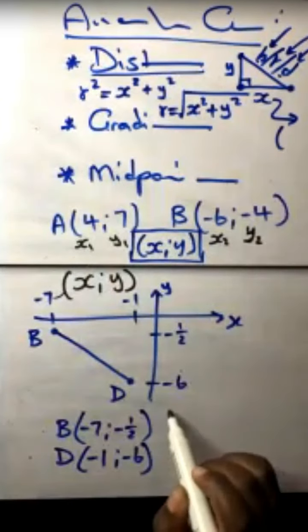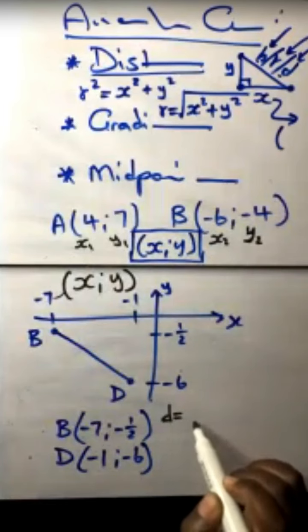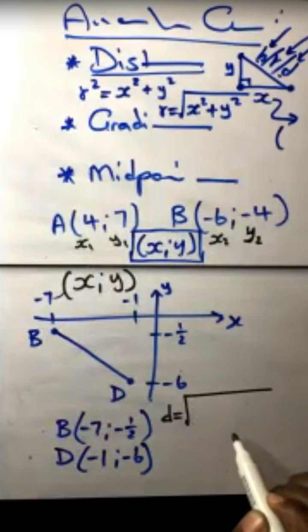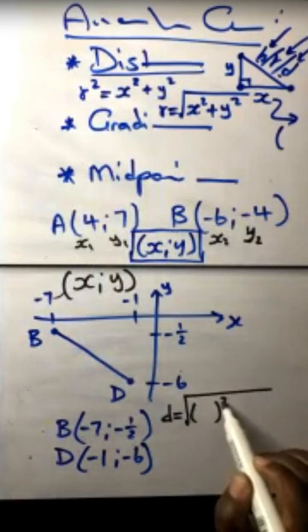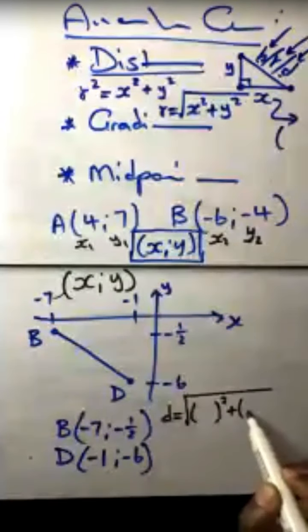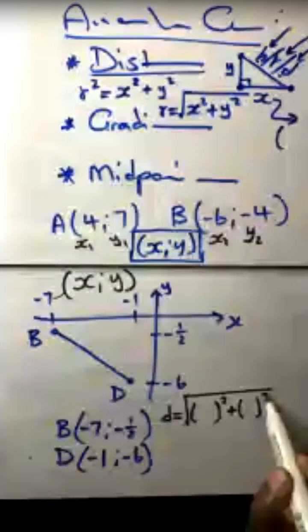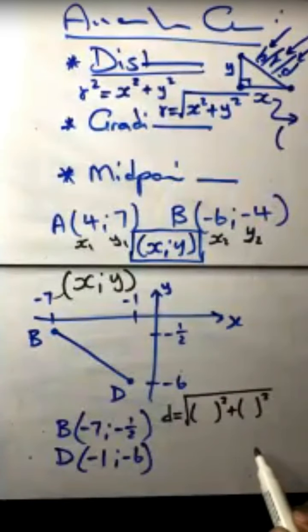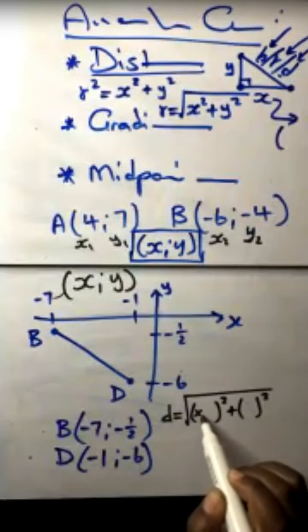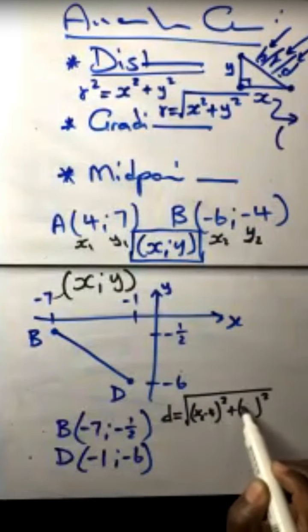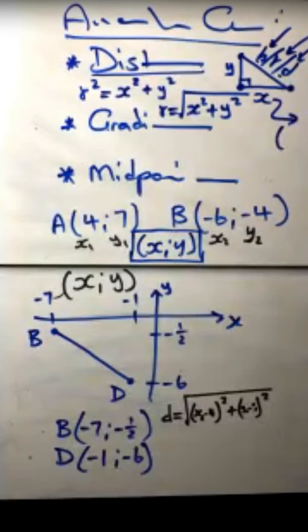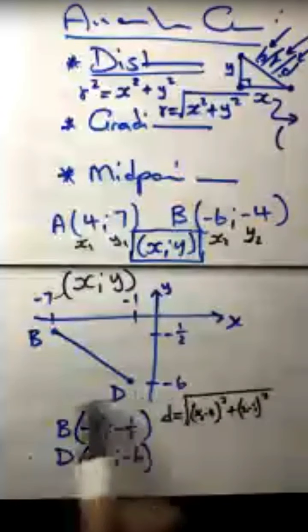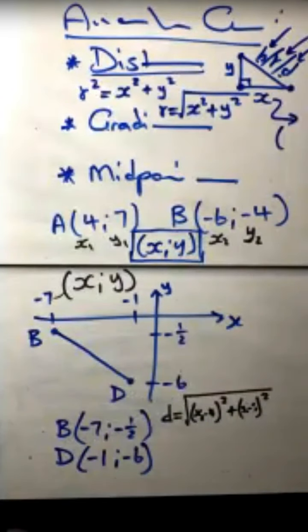We can leave it there. So that means we've got D, which is the square root of the second x value, x2 minus x1, squared, plus y2 minus y1, squared. So you can easily work out the distance over there.